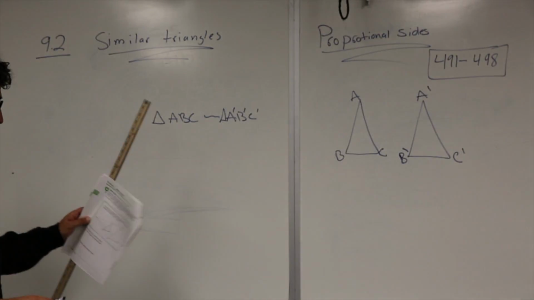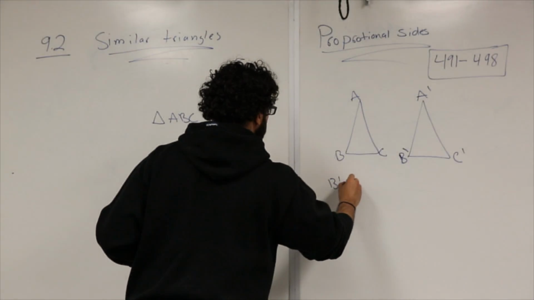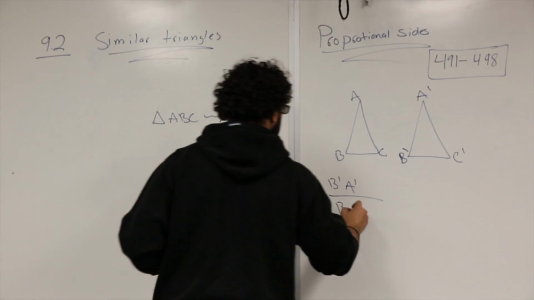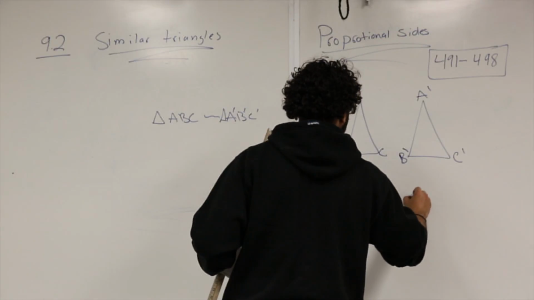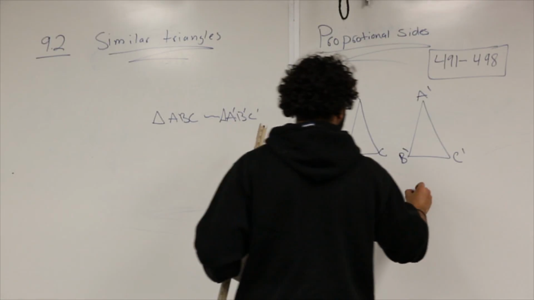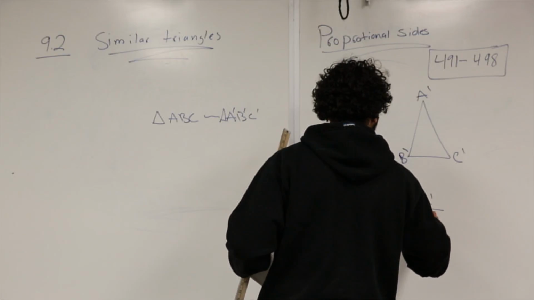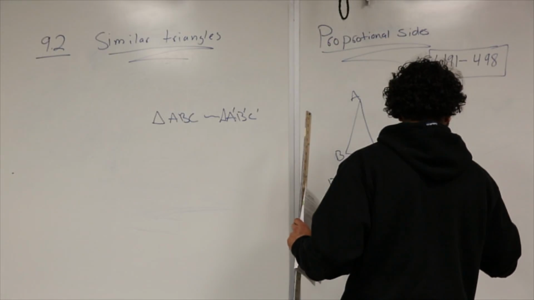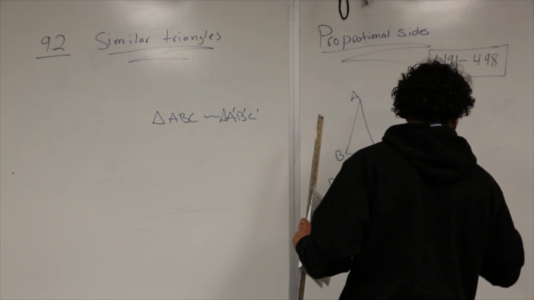Now, the original ones. So, B dash A dash over BA is equal to A dash C dash over AC is equal to B dash C dash, or apostrophe, whatever you want to call it, over BC.